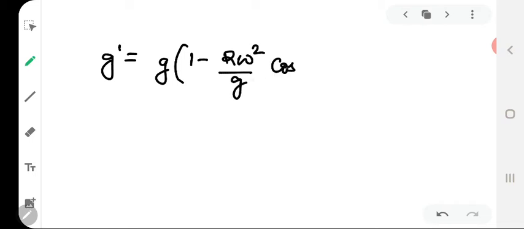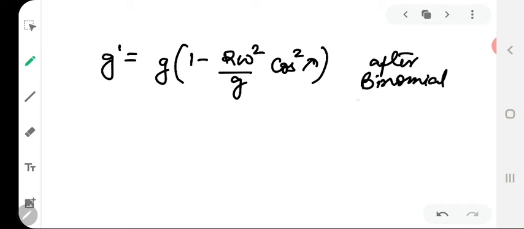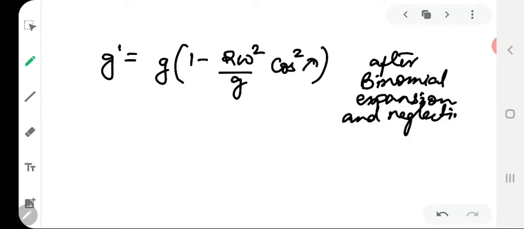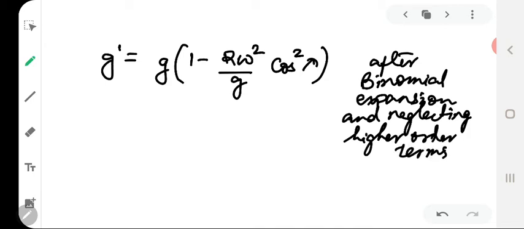Expanding further by binomial theorem, we get g dash equal to g times 1 minus r omega square by g cos square lambda. This is after binomial expansion and neglecting higher order terms.